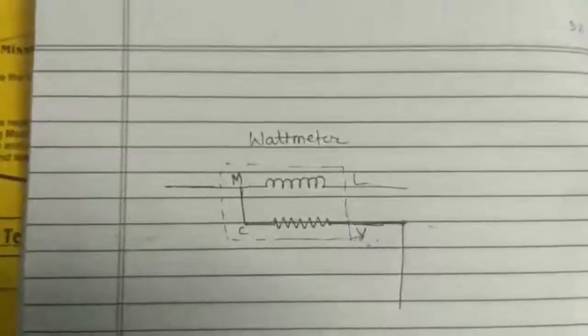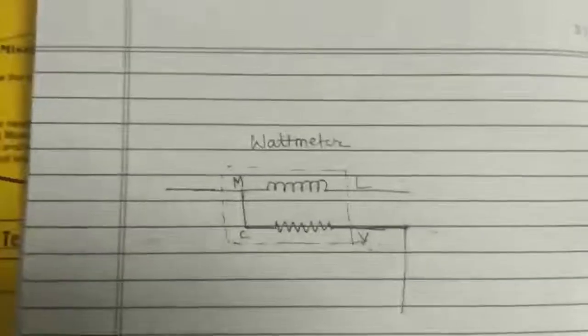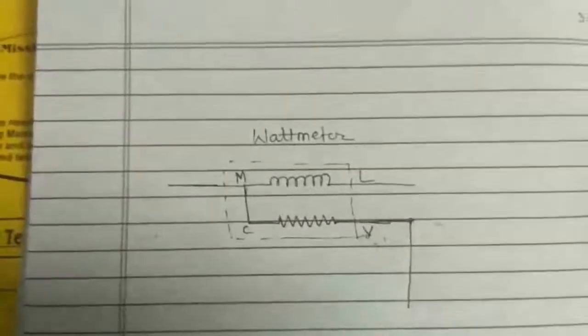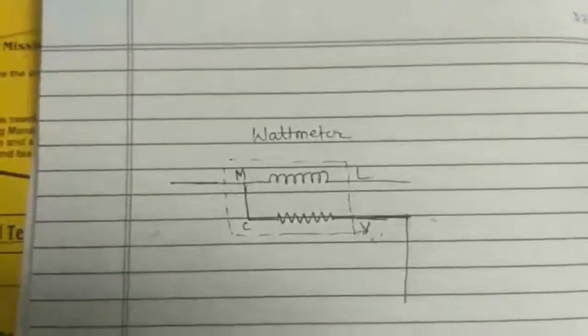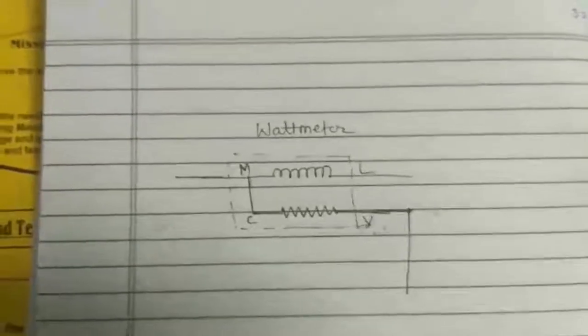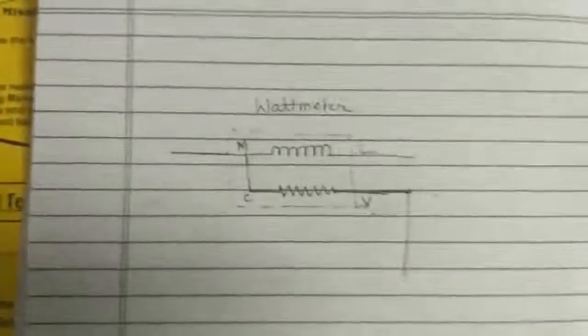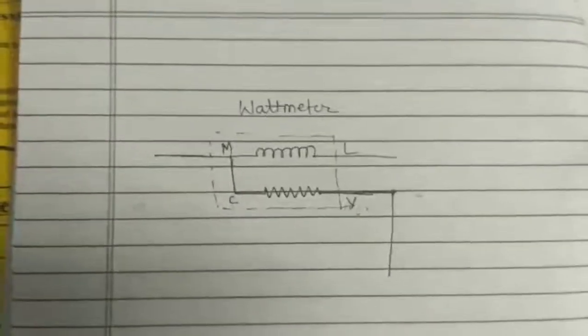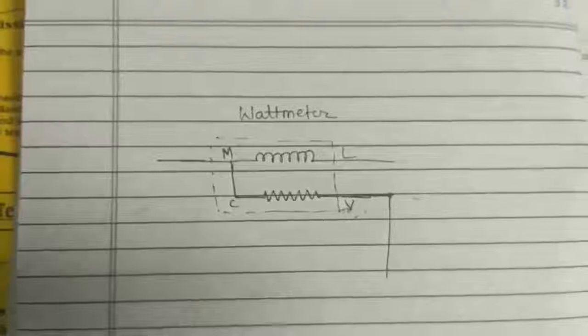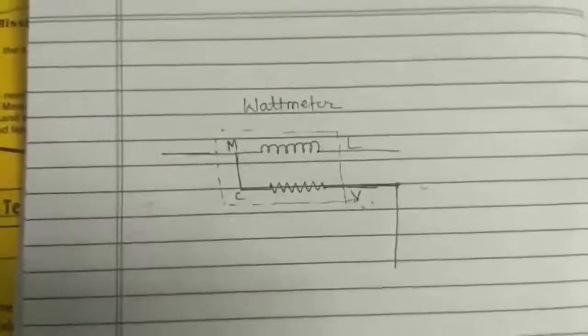There is only one scale. So how to identify whether it is the range of 300 volt or 600 volt? There is a table given under the wattmeter, and that table gives you the specific multiplying factor. So whatever reading you are getting from that.